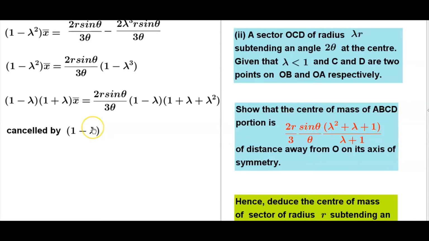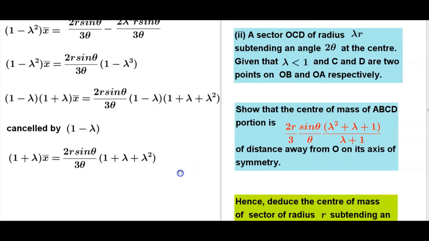Cancelled by 1 minus lambda, 1 minus lambda. Therefore, left hand side is left with 1 plus lambda into x bar. In right hand side, 2r sin theta over 3 theta into 1 plus lambda plus lambda squared.